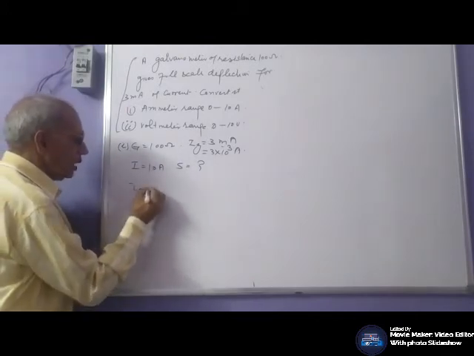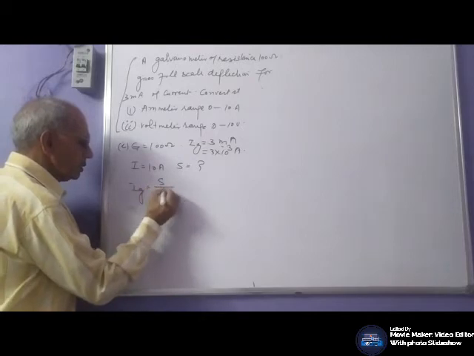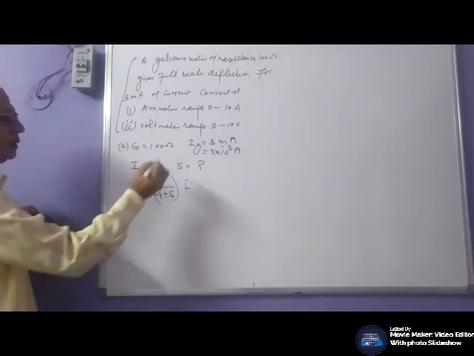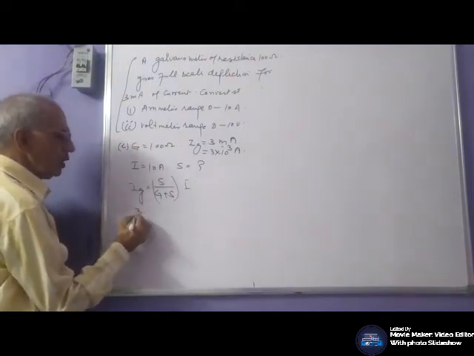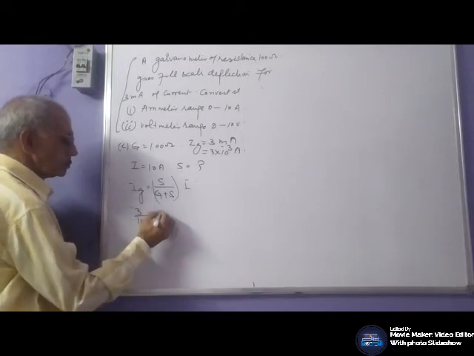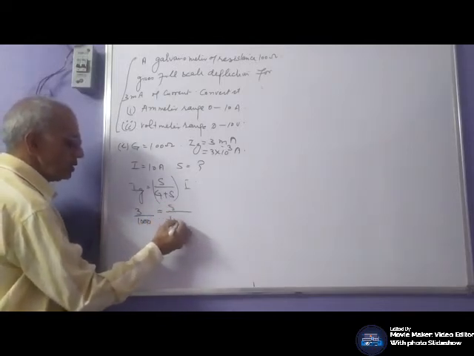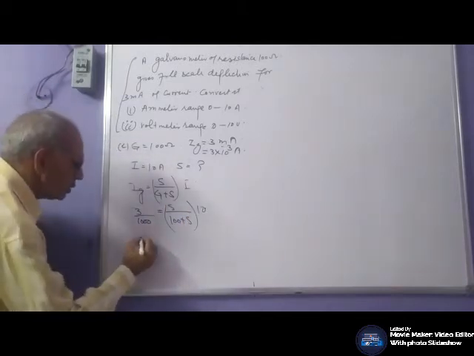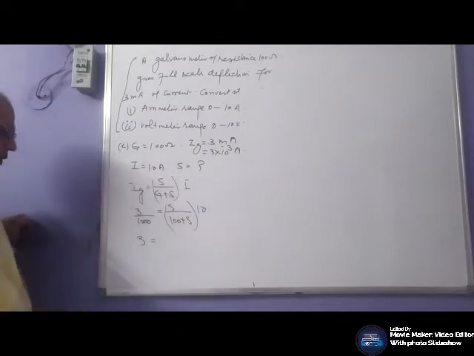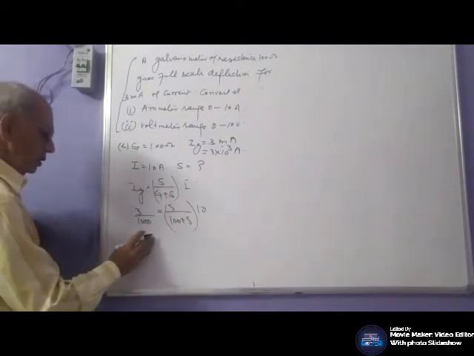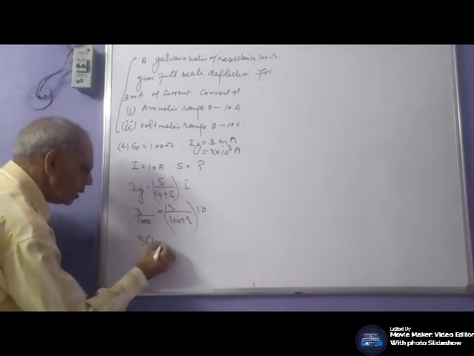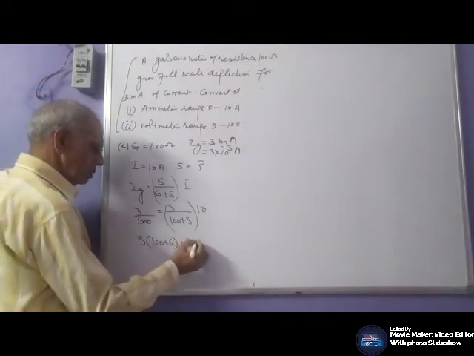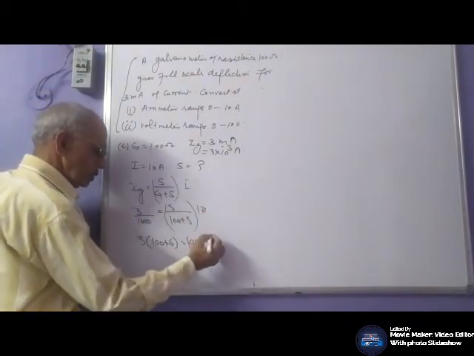We know Ig equals G plus S into I, Ig is 3 into 10 to the power minus 3, S we have to calculate, G is 100 into I.